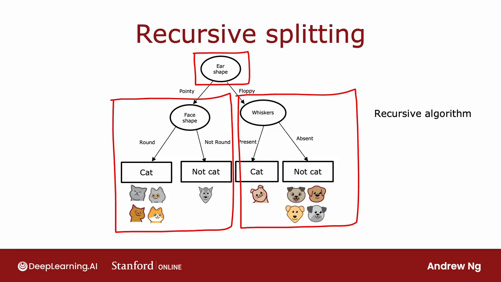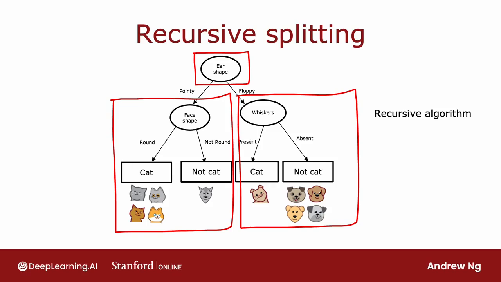So that's why if you look at software implementations of decision trees, you see sometimes references to a recursive algorithm. But if you don't feel like you fully understood this concept of recursive algorithms, don't worry about it. You'll still be able to fully complete this week's assignments, as well as use libraries to get decision trees to work for yourself. But if you're implementing a decision tree algorithm from scratch, then a recursive algorithm turns out to be one of the steps you'd have to implement.